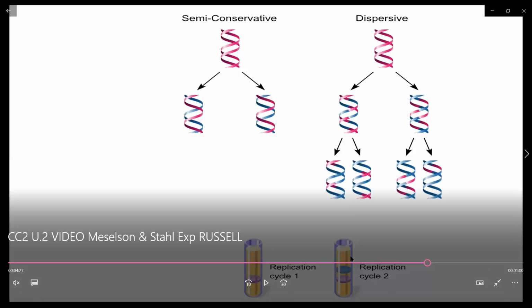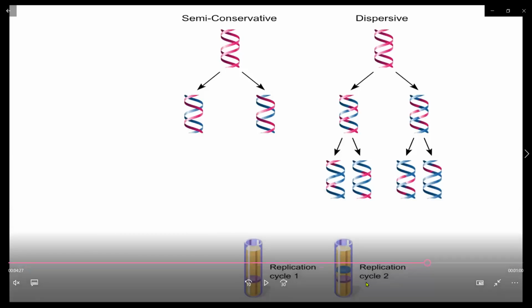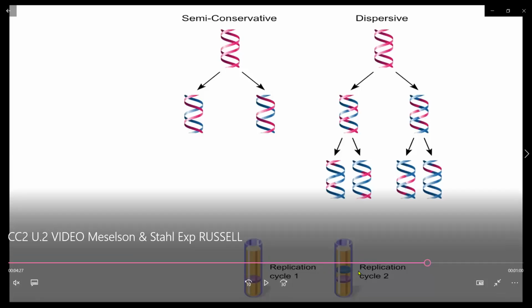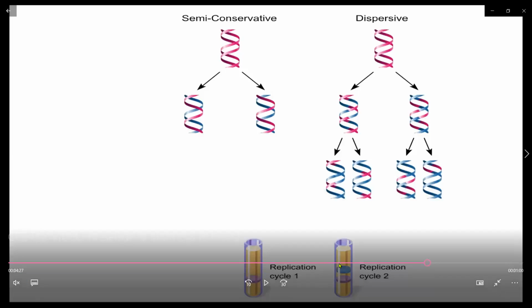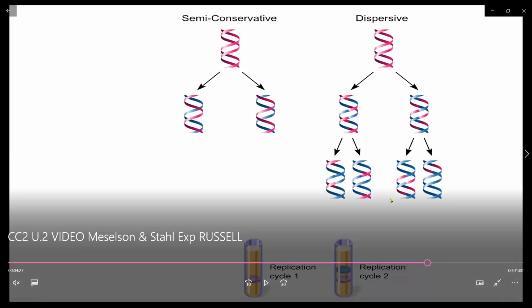So from the second cycle of replication, it became evident that since a pure band of DNA containing 14N in both the strands was obtained, obviously the dispersive model of DNA replication is not being followed.